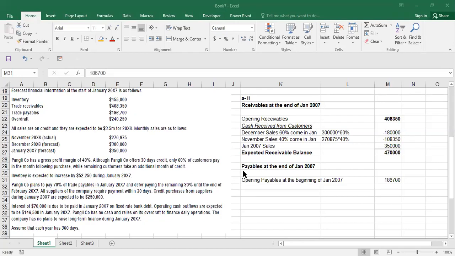So we say that 70% payment to suppliers. No, not from December, whatever you have. Whatever you have, 186,700. This is your payable in the beginning of January, on 1st January, and you want to pay 70% of this.